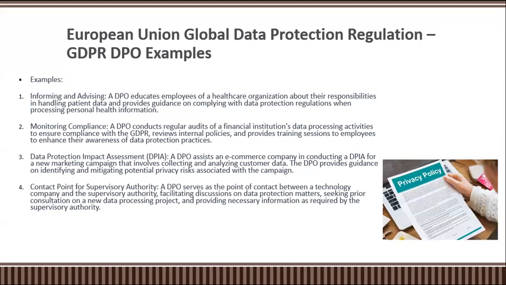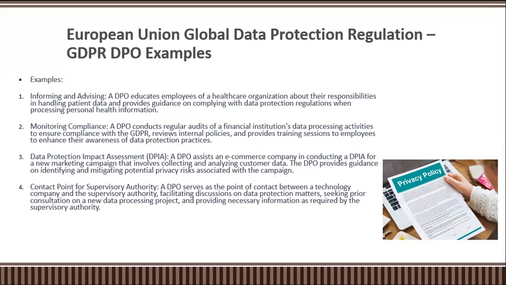Next one is Data Protection Impact Assessment, DPIA. The DPO assists an e-commerce company in conducting a DPIA for a new marketing campaign that involves collecting and analyzing customer data. The DPO provides guidance on identifying and mitigating potential privacy risks associated with the campaign. And fourth is the contact point for the supervisory authority.